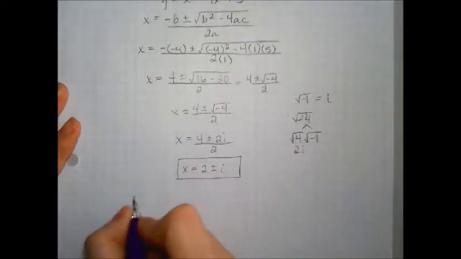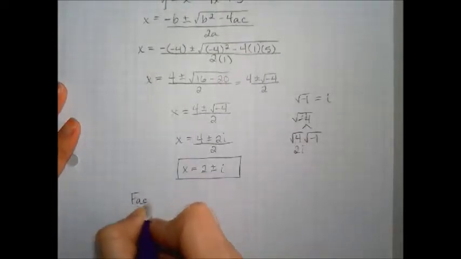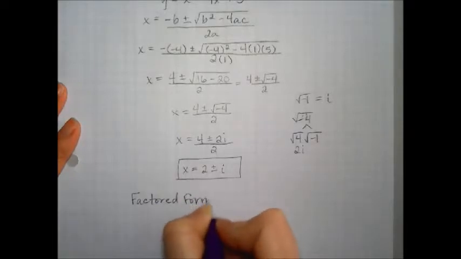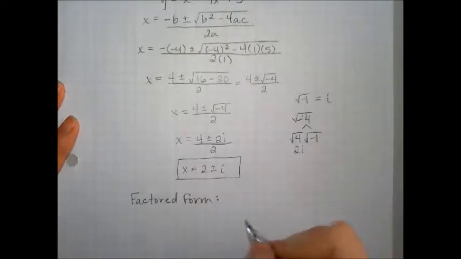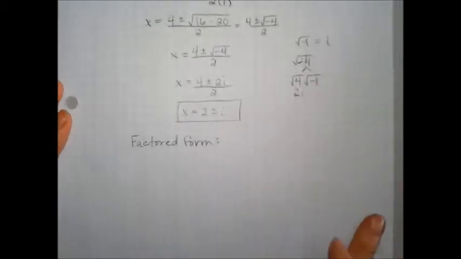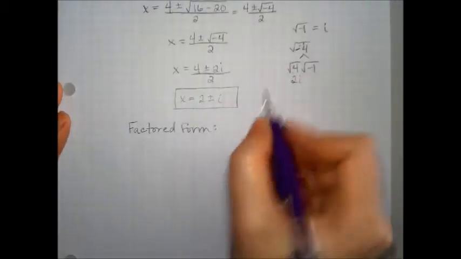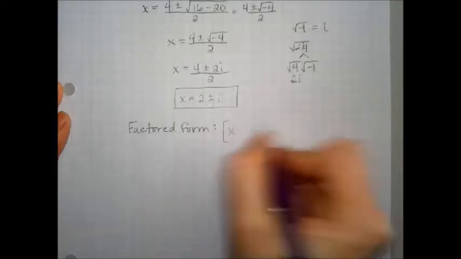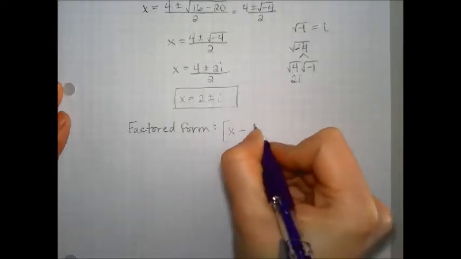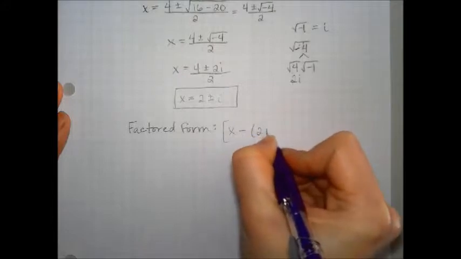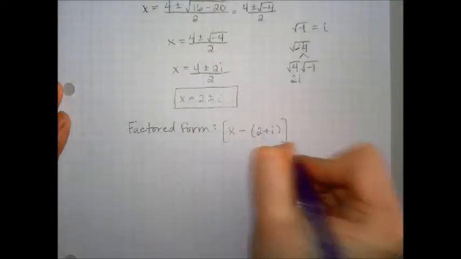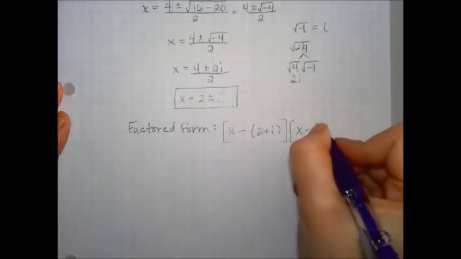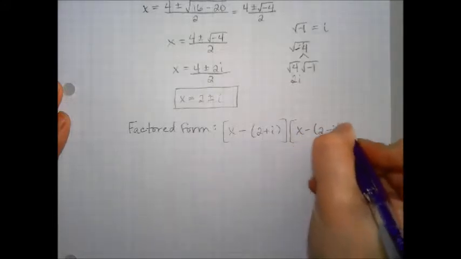So if I'm going to write this in factored form, it's always going to be the x minus, and I'm going to have to use brackets because I also have to use parentheses. So x minus 2 plus i times x minus 2 minus i.